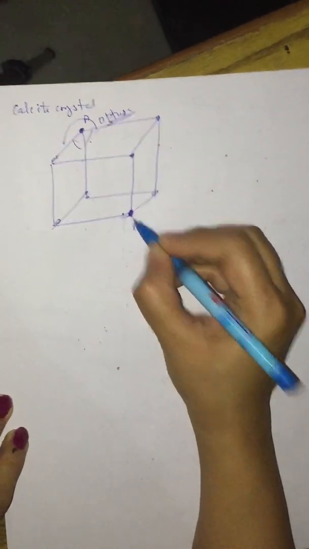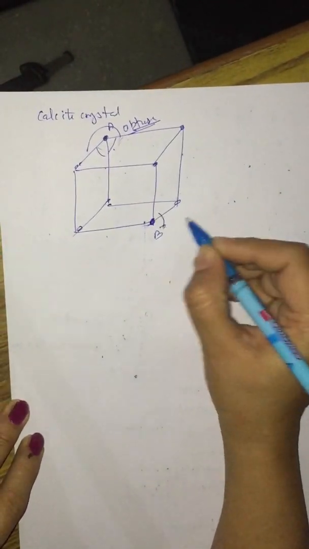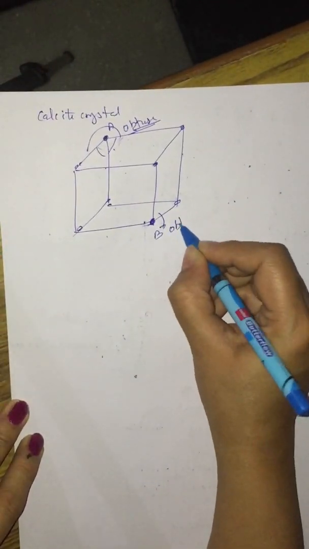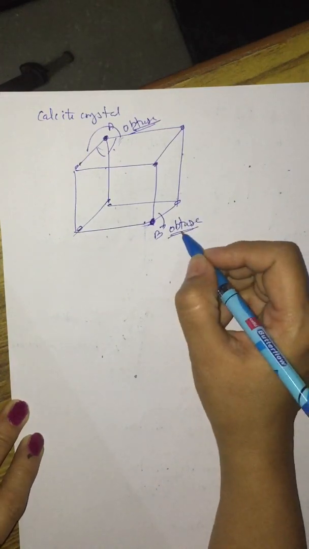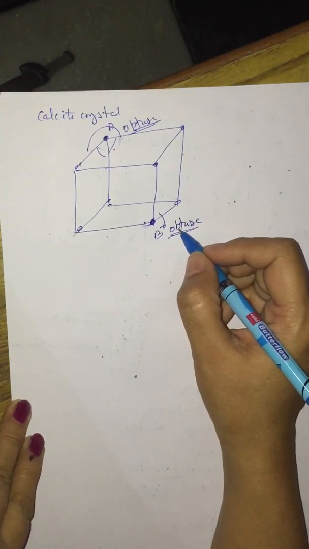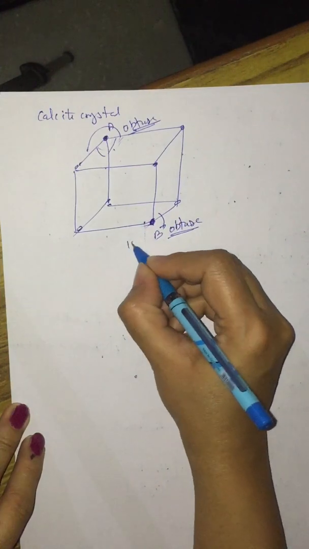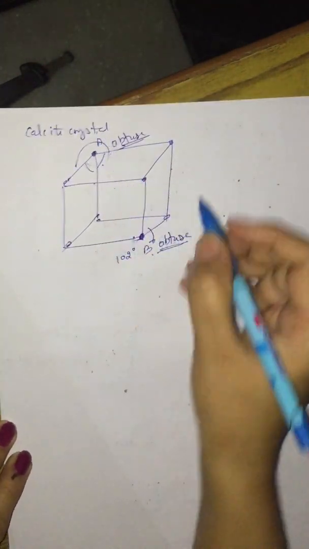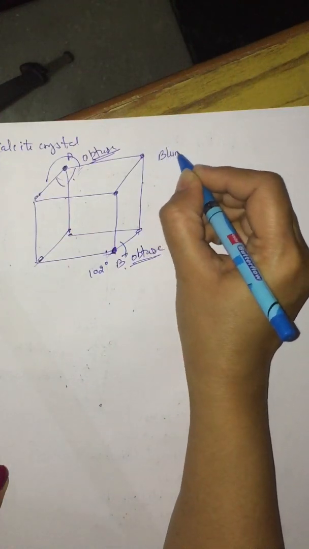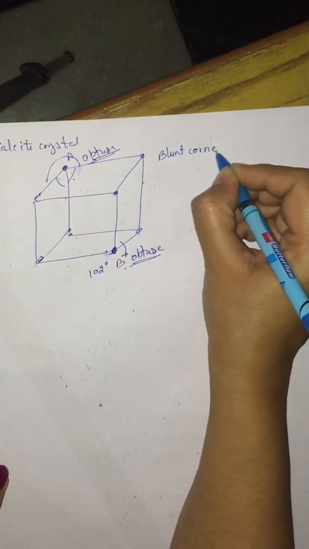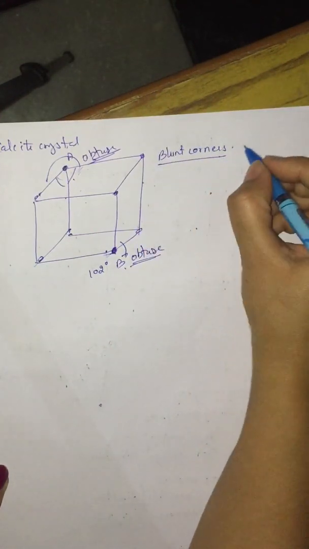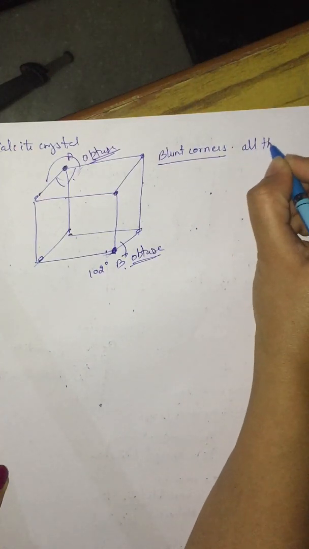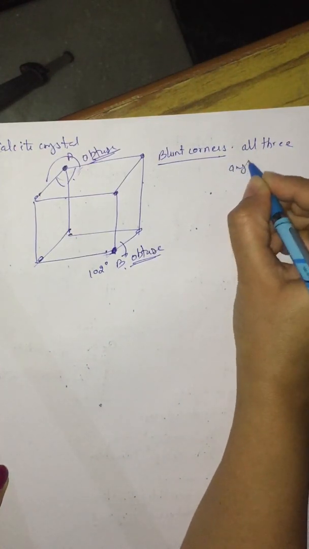Similarly, this is also a corner at which all 3 angles are obtuse, approximately 102 degrees, and these 2 corners are known as blunt corners. The condition for a blunt corner is that all 3 angles are obtuse.